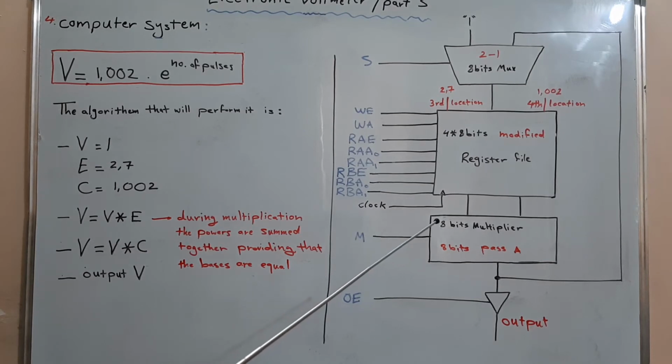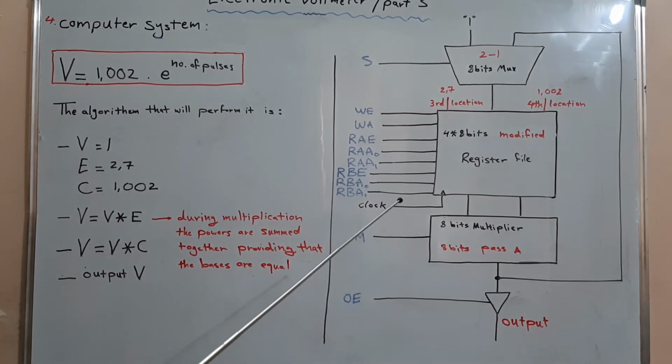An 8 bits multiplier circuit added together with an 8 bits pass A circuit, and that circuit will pass the value in the port A without any change, and a gate that controls the output from our data path.